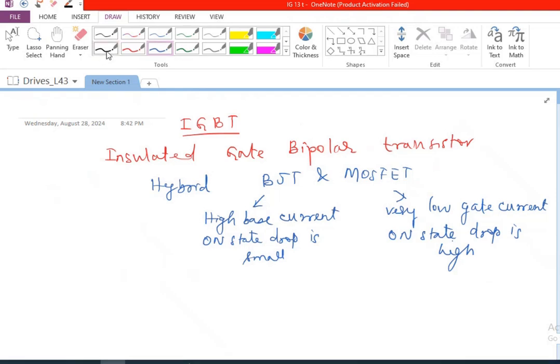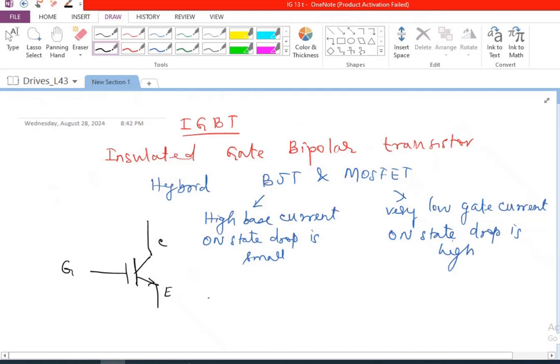And IGBT, basically, the symbol is something like this. So this is the emitter, and this is the collector, and the gate is insulated. So this is the gate. So that is the reason why we are showing one more line, and between this base and this gate, there is an insulation.